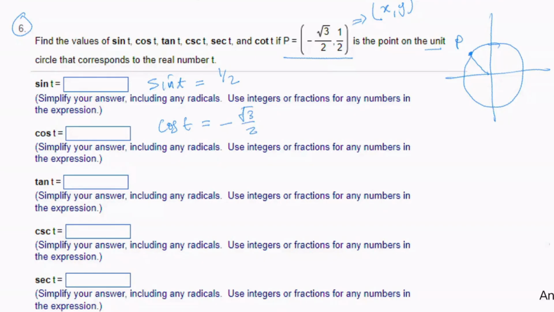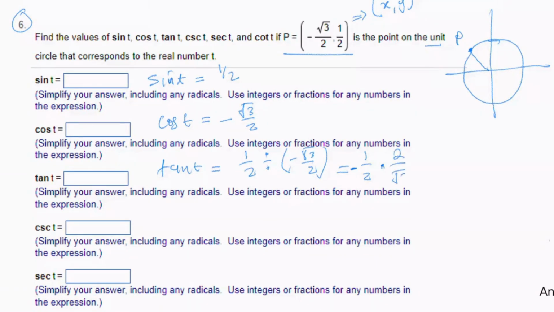And then tan t is just that ratio. So I take 1 over 2 and divide by negative root 3 over 2. This is just 1 over 2 multiplied by negative 2 over root 3.